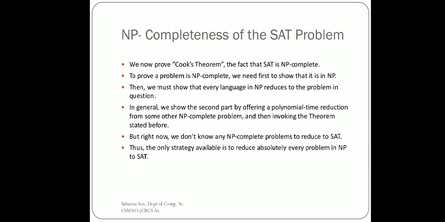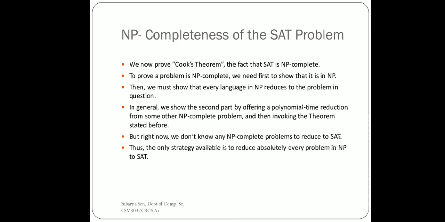Now, Cook's theorem is going to prove the fact that SAT is NP complete. What will be the benefit of proving it? If we can prove any standard problem to be an NP complete problem, then the mapping part, that is the polynomial time reduction part, will be much easier.